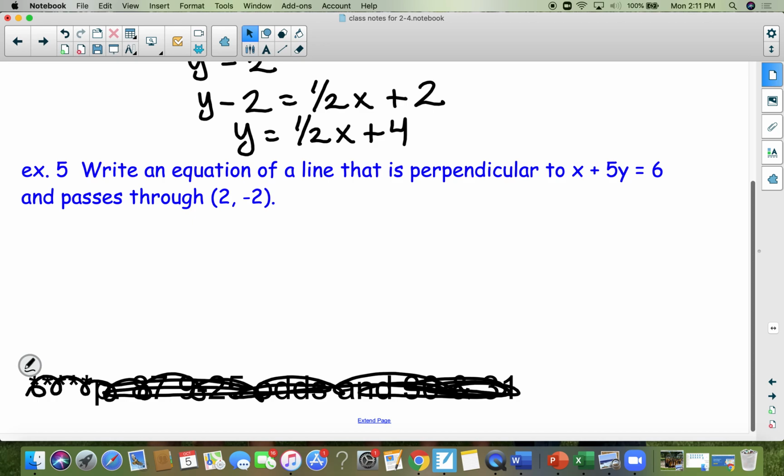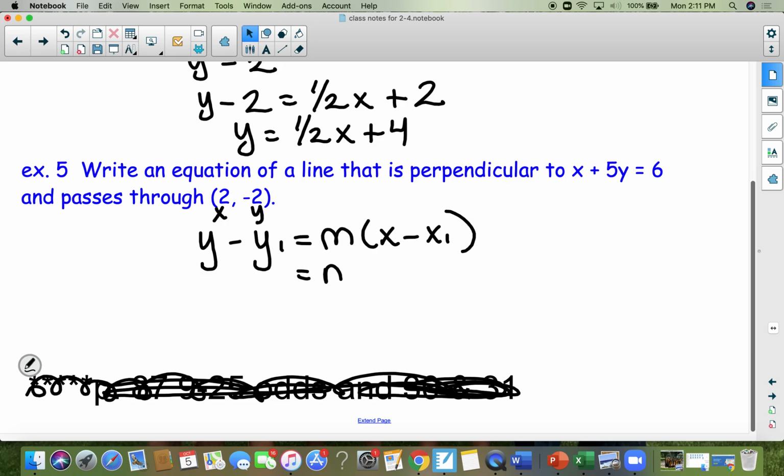Write an equation of a line that's perpendicular to that one and passes through (2, -2). Again, you're going to get this for the test. I know this stands for the x and this stands for the y, so I'm going to put x minus 2 over here, and I'm going to put y plus 2 here because a negative of a -2 makes a +2.